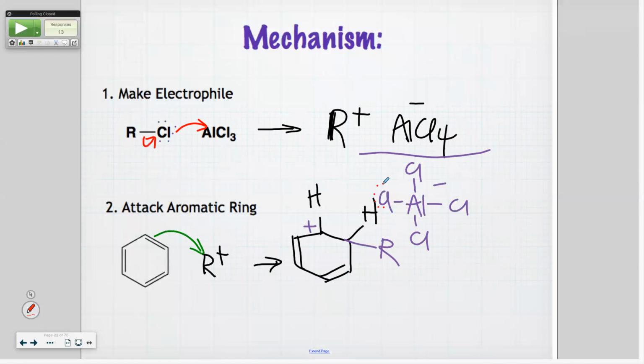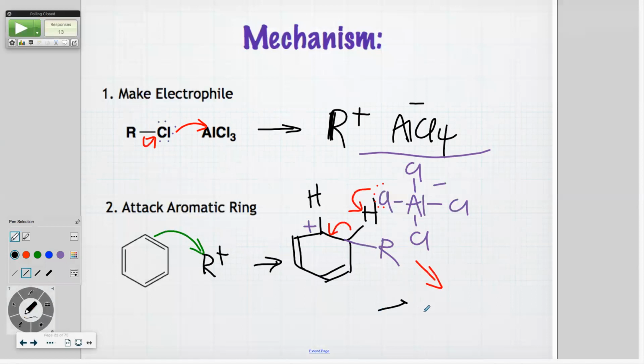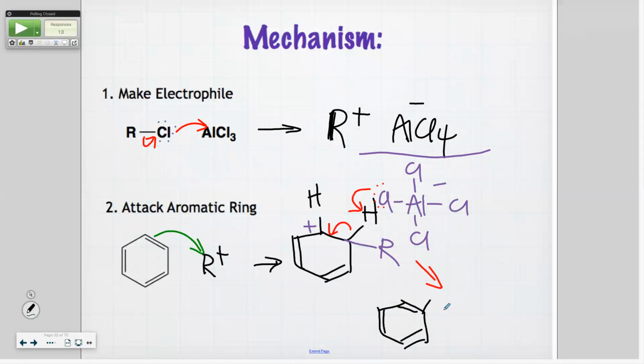Okay. All right. So now we're going to remove this proton, and these electrons are going to go there. Okay. And so we're going to end up with our R group being on the benzene ring, plus HCl and AlCl3.